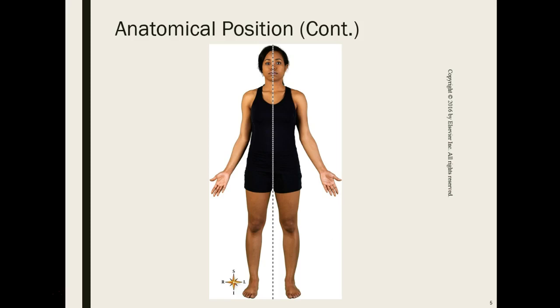The thumb here is lateral, while the pinky is medial because it's towards the midline. So it's a relative term. If the pinky is medial, it's not necessarily at the midline, it's just going towards the midline of the body.